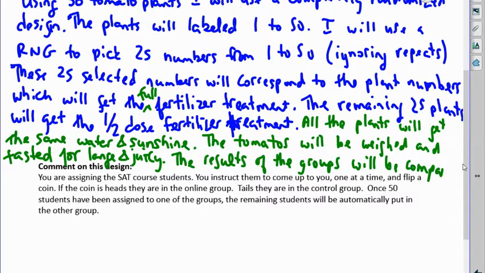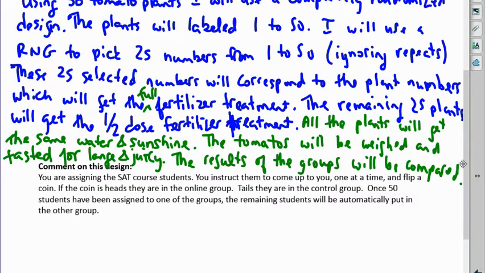Okay, so I wrote that bottom part in green because that's what people sometimes forget to take one step further, where you've written what you're going to do, but then you haven't really said what's going to happen after.